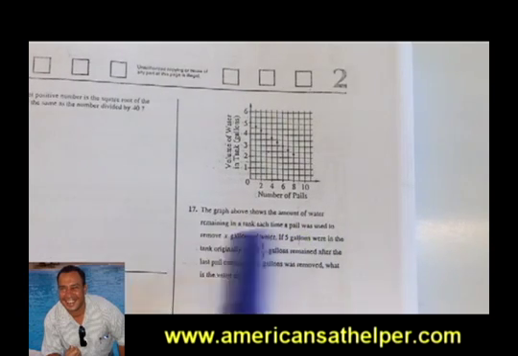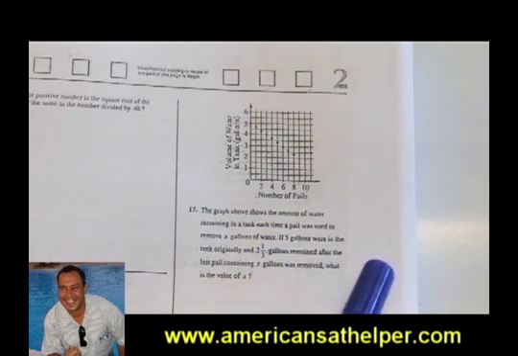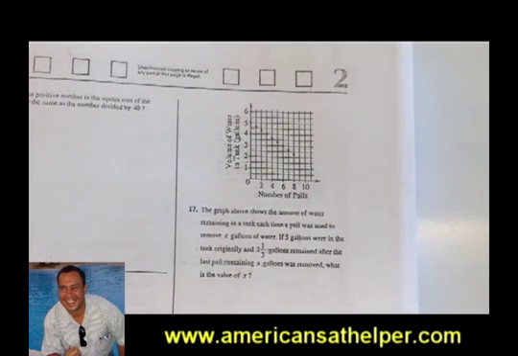If 5 gallons were in the tank originally, and 2 1/3 gallons remained, after the last pail containing X gallons was removed, what is the value of X? It's a good question.